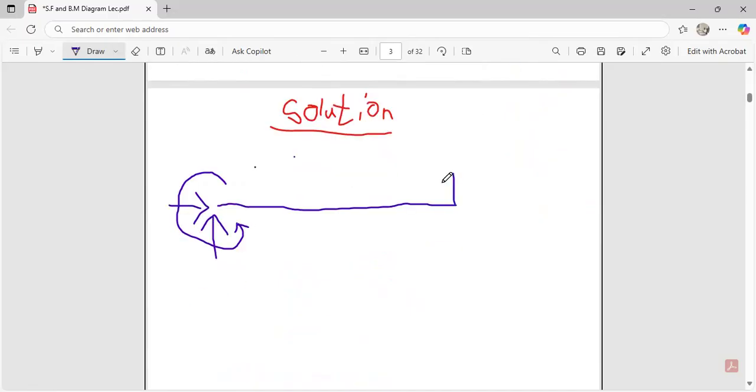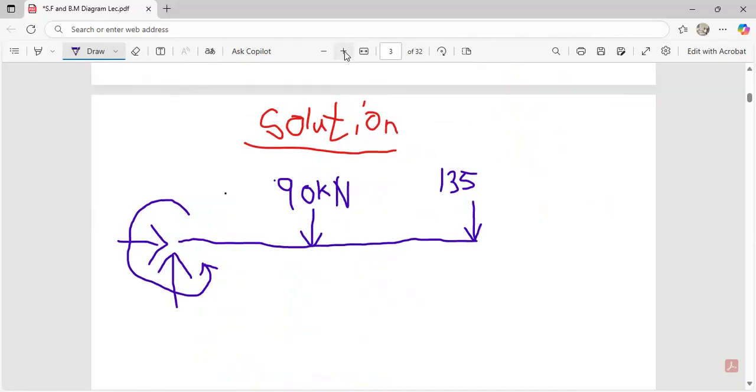It's a cantilever. And there was one force at midspan. The force at midspan was 90 kilonewton, and the force at the free end was 135 kilonewton.